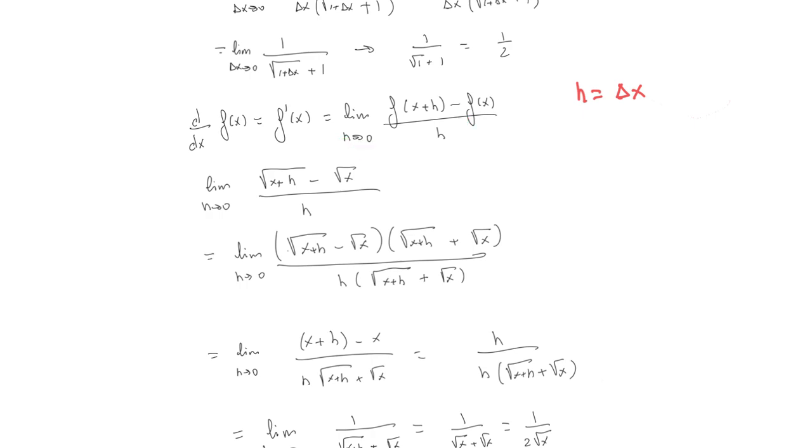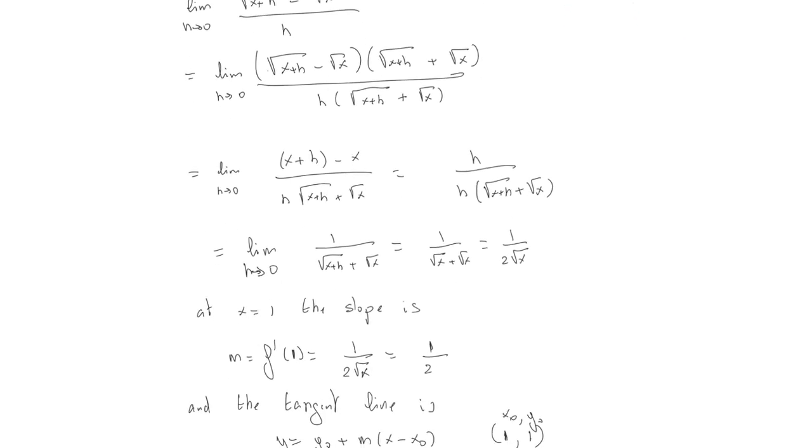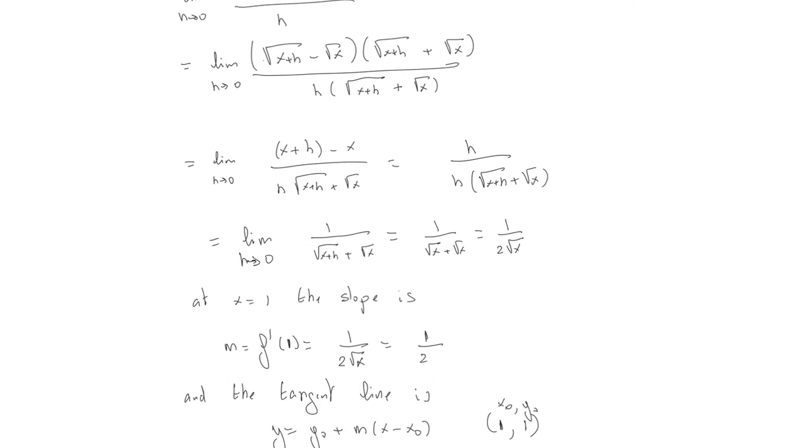So f evaluated at x plus h is the square root of x plus h, and f of x is the square root of x, divided by h. I did this limit in the same way that we did it before, and I found that f prime of x is 1 divided by 2 square root of x.